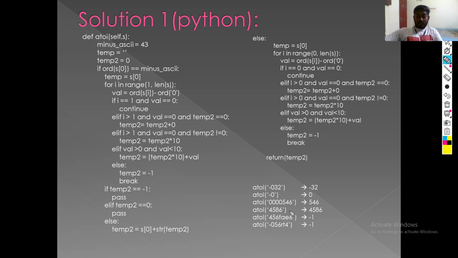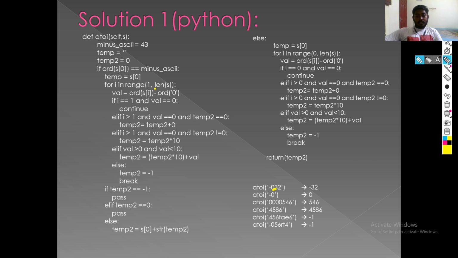Whatever the length of the string, we should not manually code it again and again. That is the reason we are dynamically giving the length of s. After that, I am creating another temporary variable, val, equal to ord of s of i minus ord of 0. I previously said we need to convert the string value to an integer.